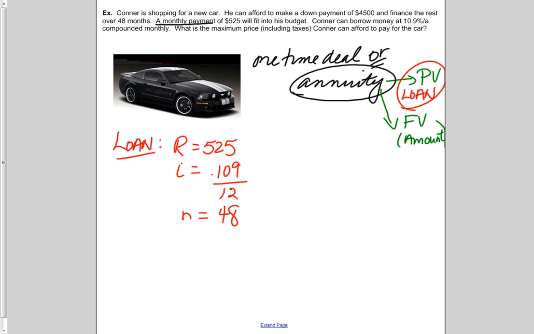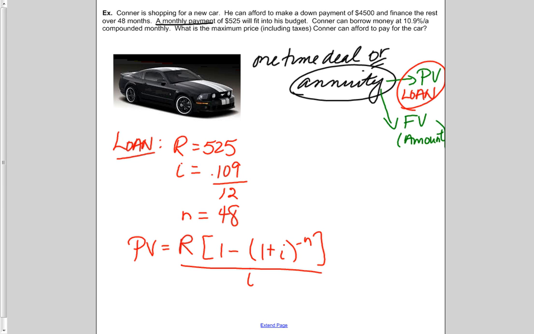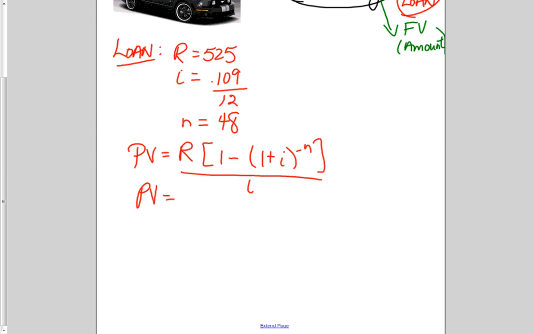So what type of a loan can Connor get for that? It's present value if it's a loan. R times 1 minus 1 plus I to the negative n, over I. $525 each month.